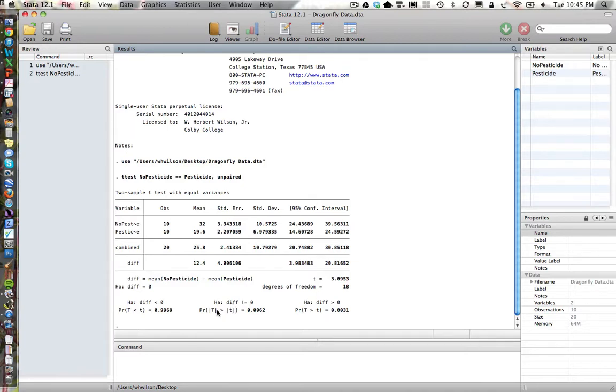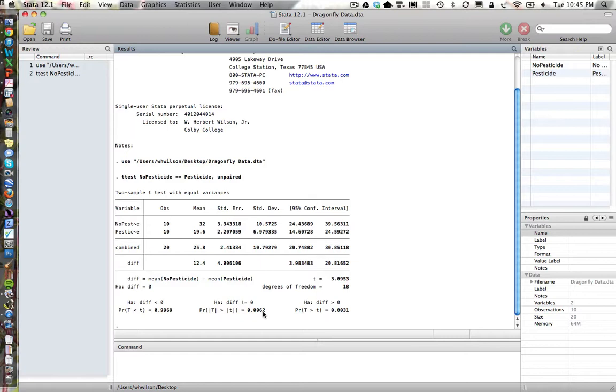What we see here is we've calculated a probability, and that probability is 0.0062. That's a very small number, and that number essentially says that is the chance that the differences that we saw between the two ponds could be due just to luck, just to chance, just to random effects.